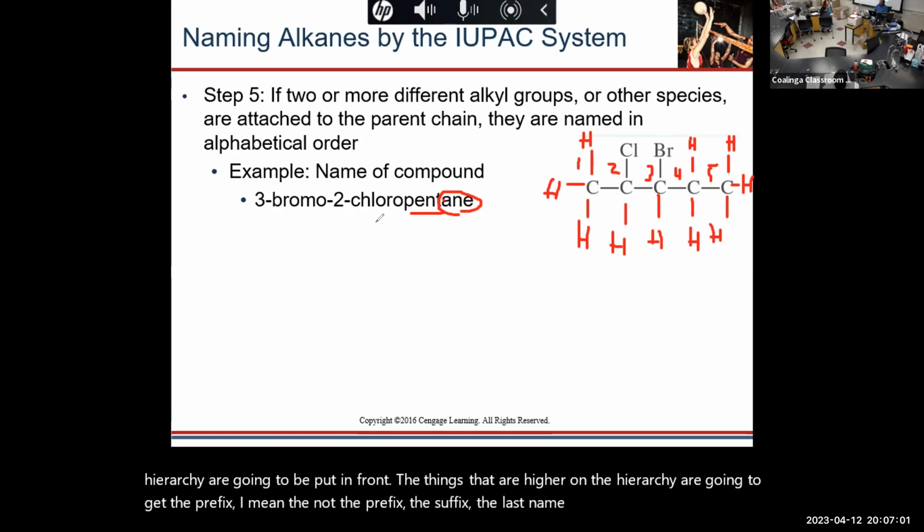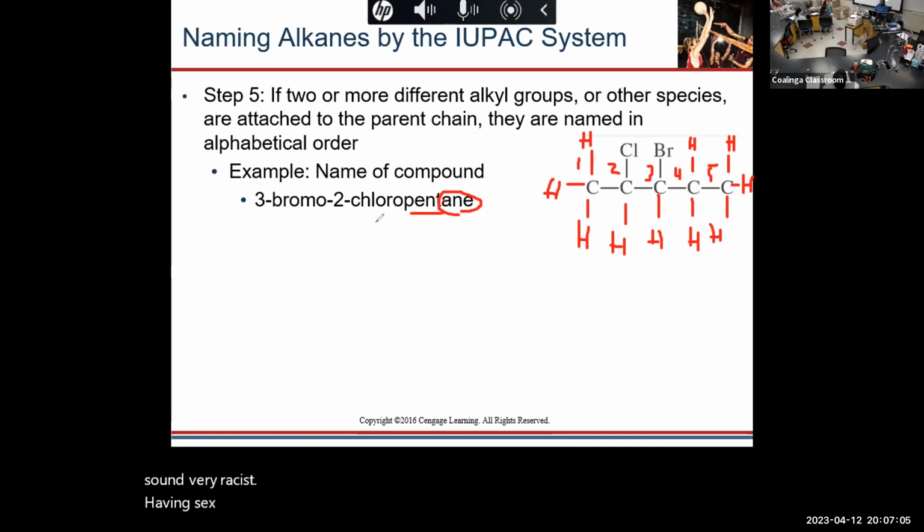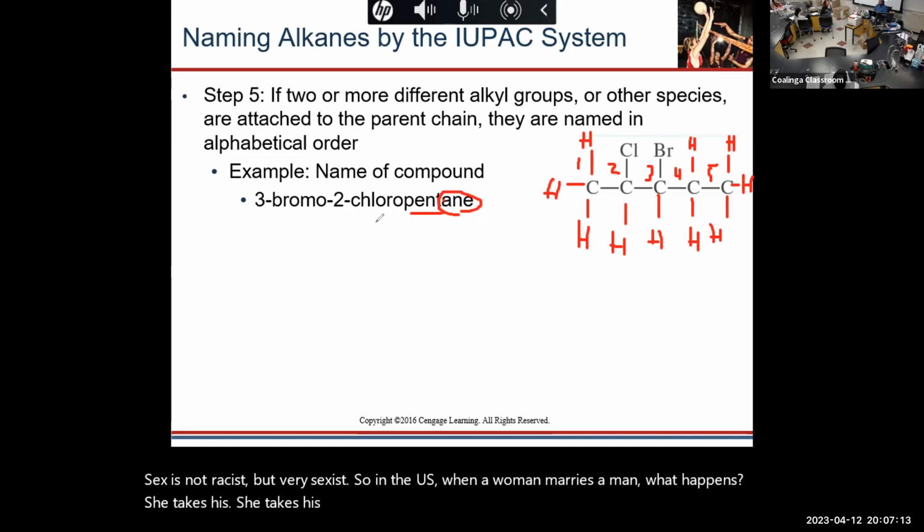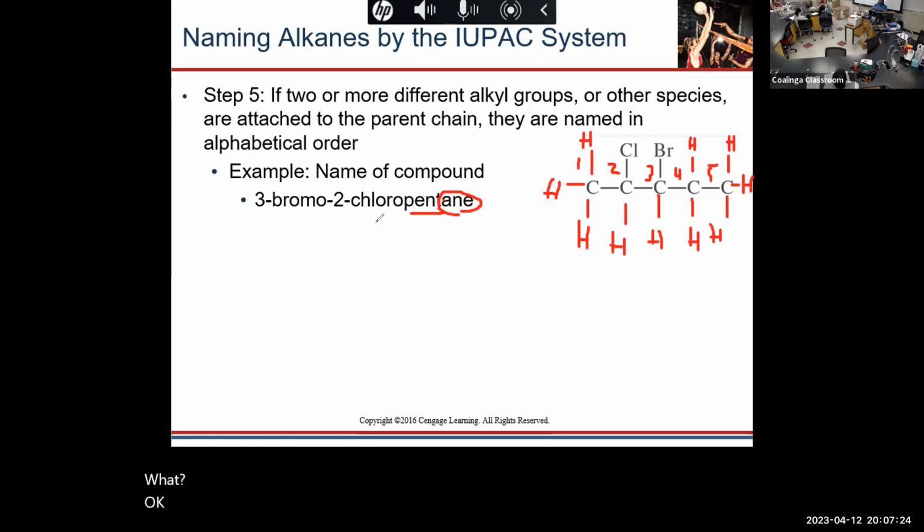So, this is going to sound very sexist. In the US, when a woman marries a man, what happens? She takes his last name, because the man is more important. It's a patriarchal society, and this is typically what's done.